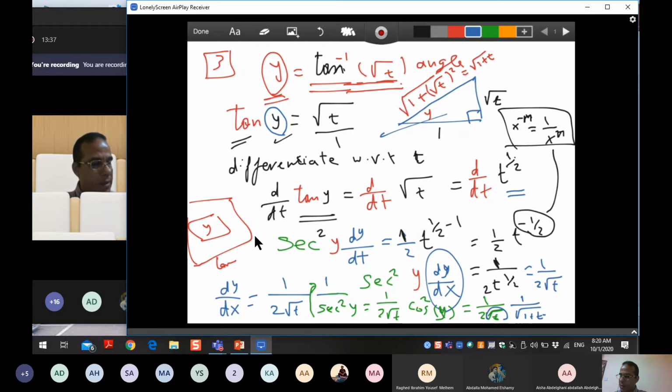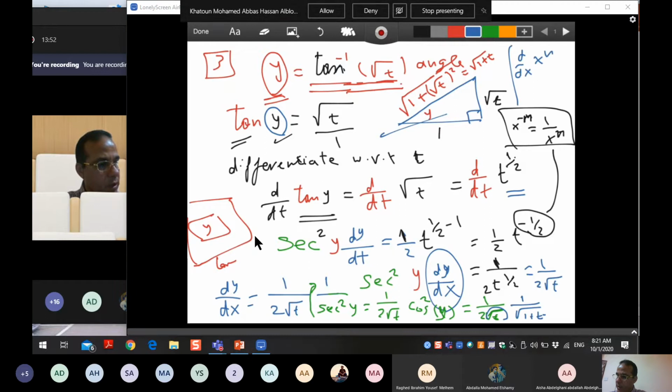The other side is root t. I can make it t to the power half to make it easy for me. Bring the half down. Do you remember d by dx of x to the power n? What have you done? n x to the n minus 1. This is the rule to differentiate any variable.